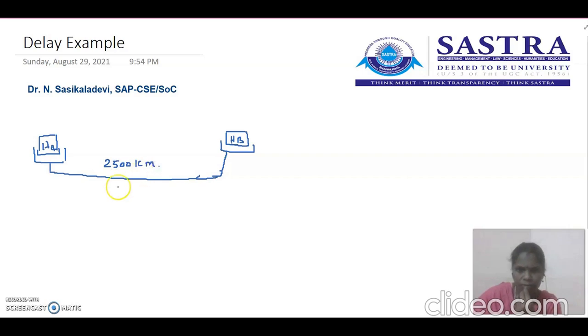If it is a fiber channel, the velocity of this channel is 2.5 into 10 power 8 meter per second.